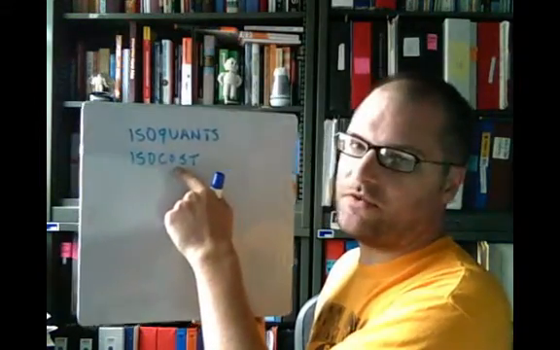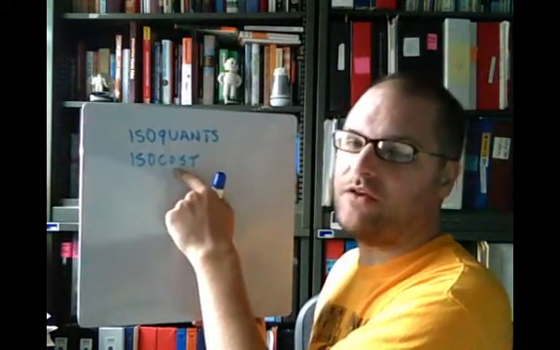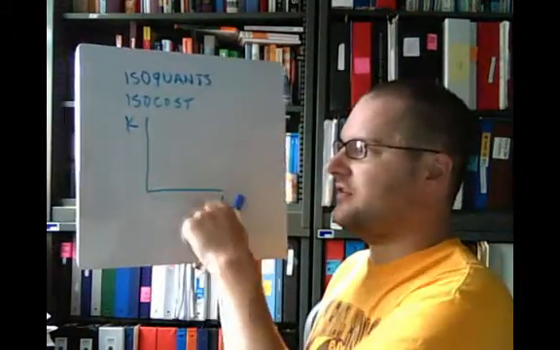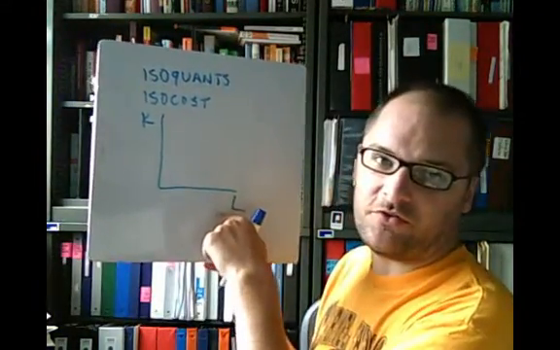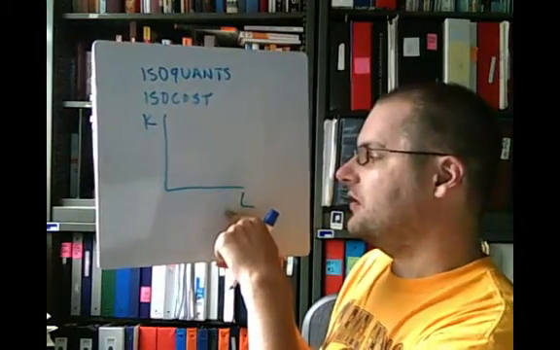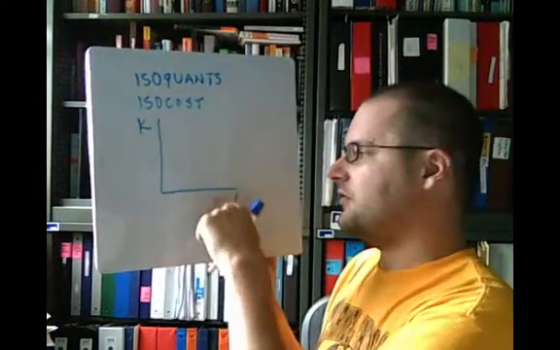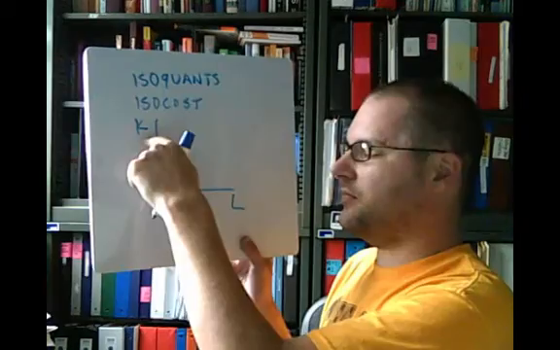This is going to be the firm's equivalent of the budget constraint that we had for the consumer. So basically what we're saying is that since this is a long-run description, there are two goods that now a firm can purchase. Just as consumers could choose to pick two goods to consume, firms in the long run have variability in both capital and in labor. And now, in terms of the isoquant, the quantity is now going to be fixed.